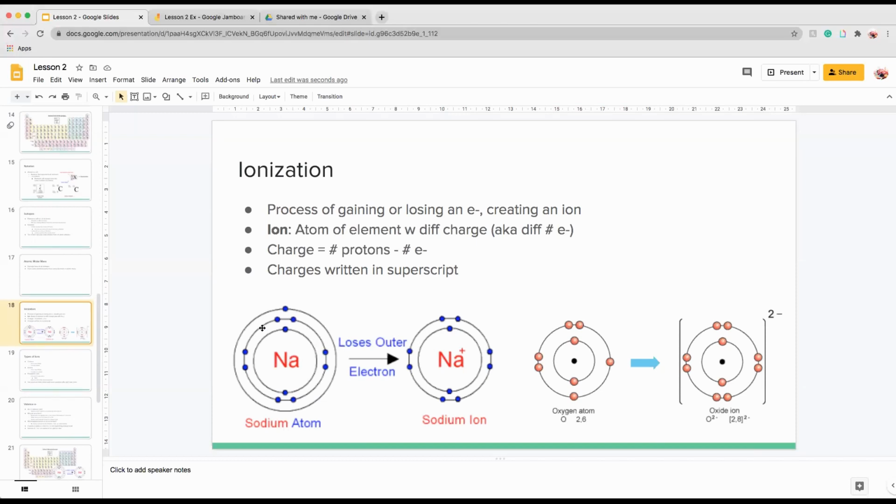So to get a full valence shell, some atoms, like sodium, will decide to lose an electron to lose the shell so that they have a full shell instead of a shell with 1 electron. Or, for oxygen, they will gain electrons to get a full shell.